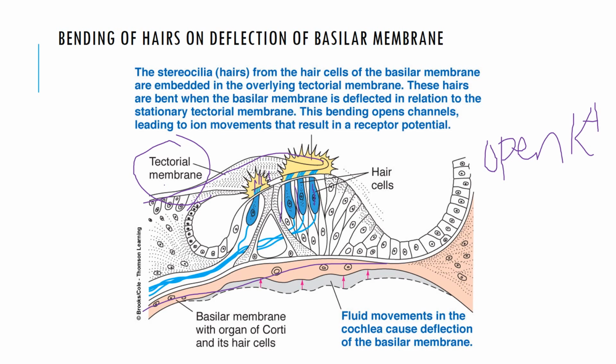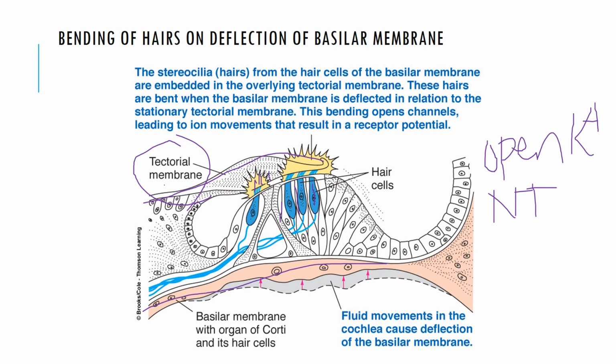So potassium is going to rush in and cause depolarization of the cell. Then the neurotransmitter is going to be released, and the neurotransmitter then is glutamate onto the sensory neurons. Potassium then returns to the perilymph at the base of the stereocilia, where then it will begin to recycle.